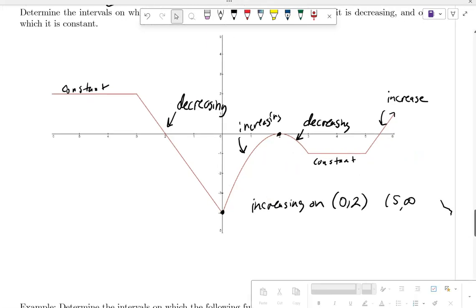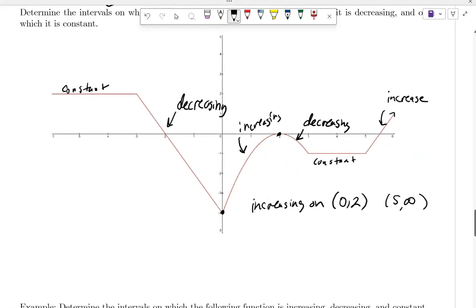And then just like what we do for domain, or what we just did for the inequality before, we'll use the union symbol in between. Again, when you're doing increasing and decreasing, it's x values. You do not use the y values. I mean, you use the y values to say if it's going up or down, but it's intervals of x values. Okay?